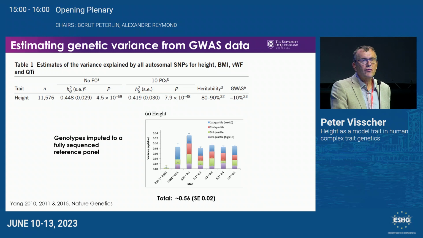So when the sample sizes for GWAS were sufficiently large, we wanted to address the question, how much variation is actually captured by all these genotyped variants together, without doing a hypothesis test? And that was an interesting exercise, because it turns out that for height, about 45% of phenotypic variation is actually captured by a SNP array with common SNP genotypes.